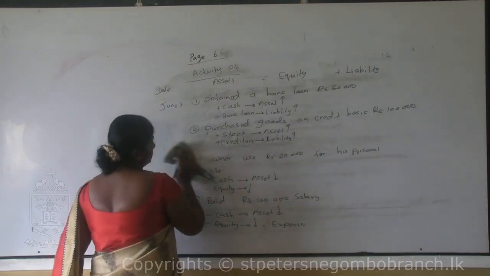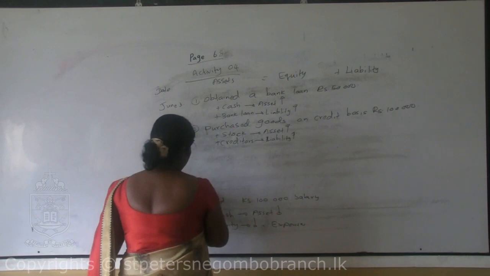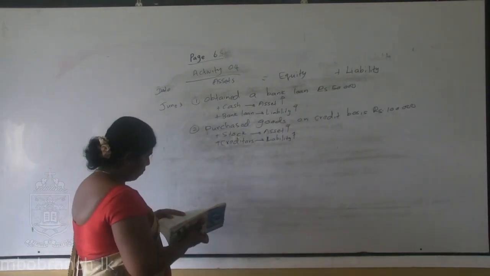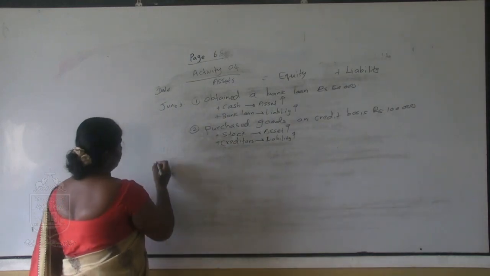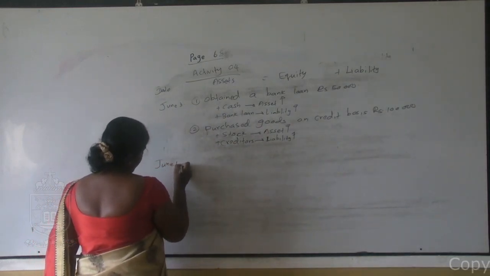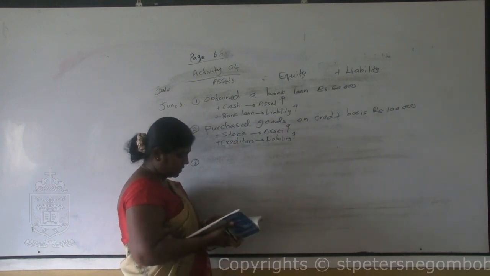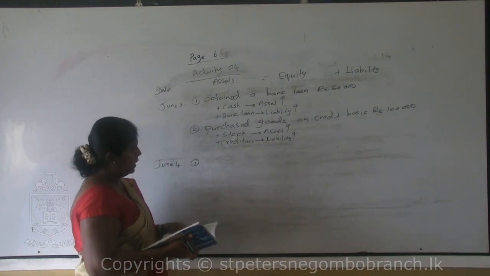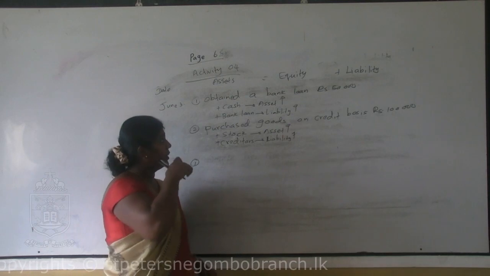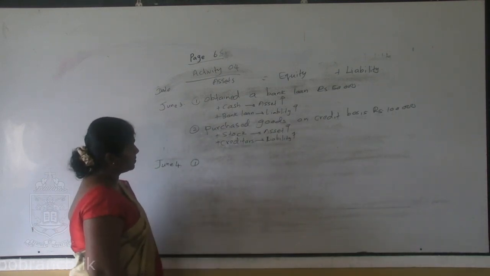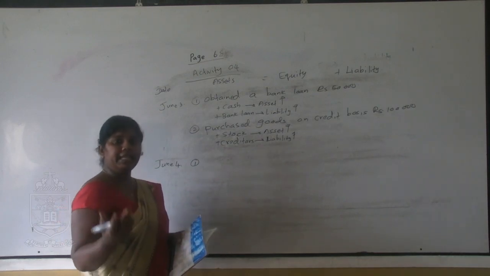Next one. Fourth of June. First transaction. The theory you have given, assets increase, equity increase. Assets and equity can increase because of an income.